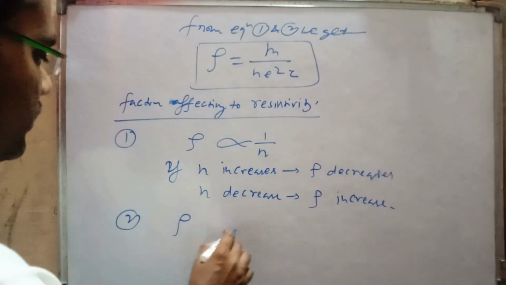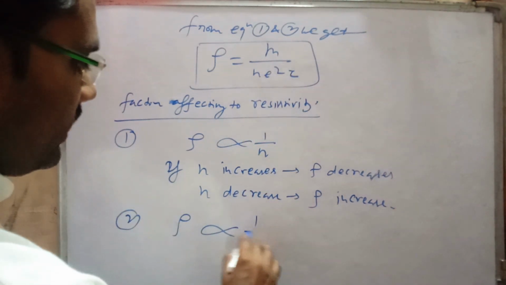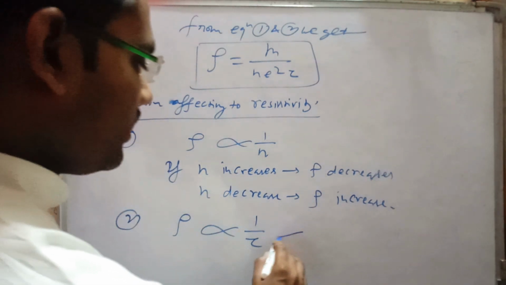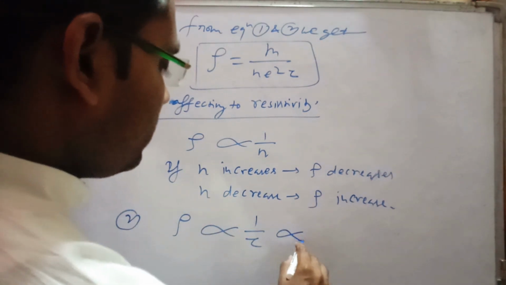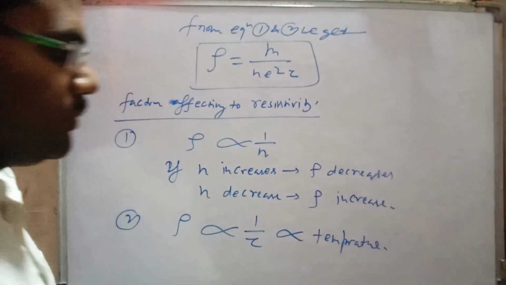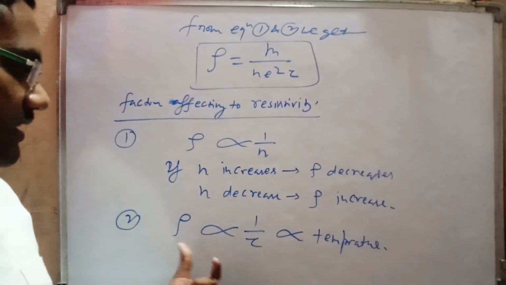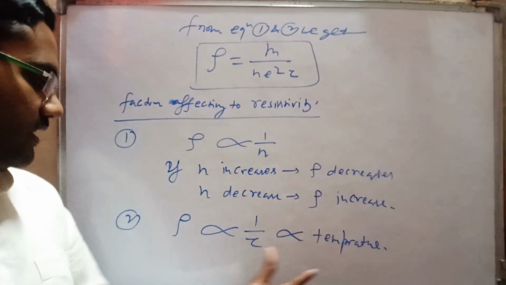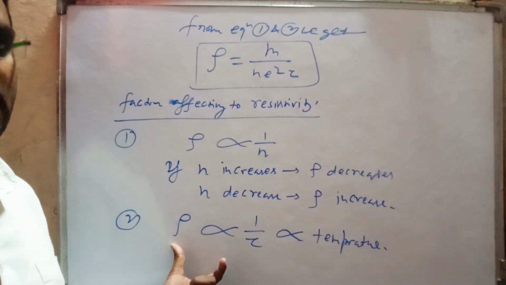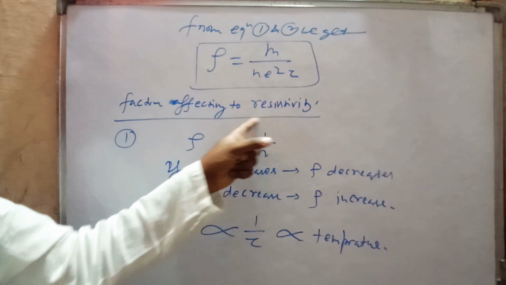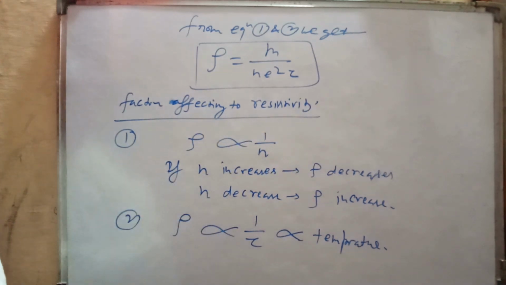Second one is the resistivity is inversely proportional to relaxation time, and the relaxation time is inversely proportional to temperature. That means resistivity is directly proportional to temperature. If temperature of conductor increases, then resistivity also increases. If temperature of conductor decreases, then resistivity also decreases. So these are two factors on which resistivity of material of conductor depends.